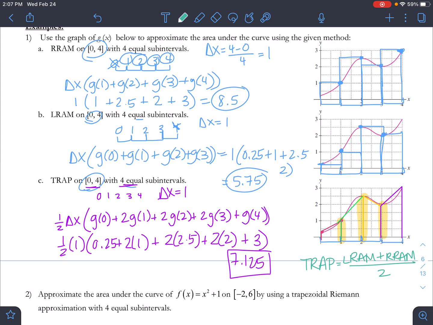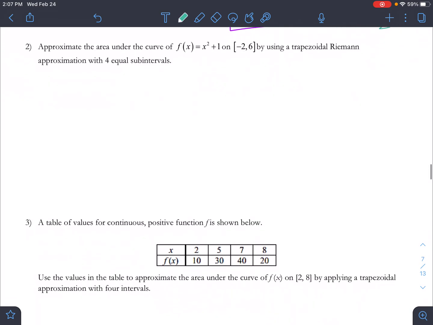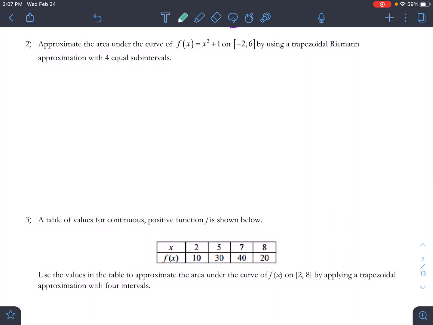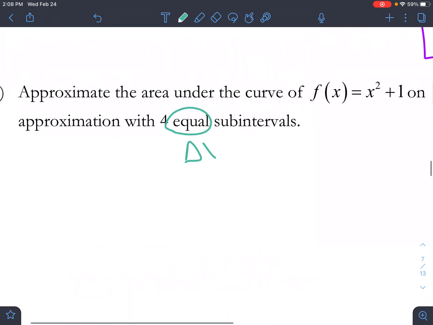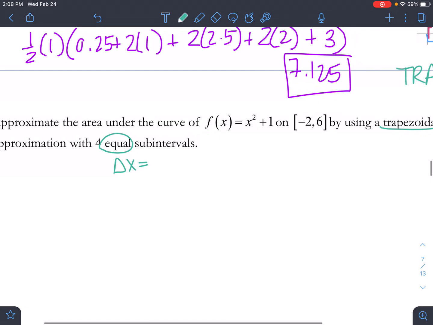So we're going to try one more together if you want to join me here on number 2. Okay, so without a graph now, but we have f of x given. We're going from -2 to 6 with a trapezoidal Riemann approximation with 4 equal subintervals. So good news, we could find delta x because it's going to be the same for all. 6 minus -2 over 4 intervals. That gets us 2.